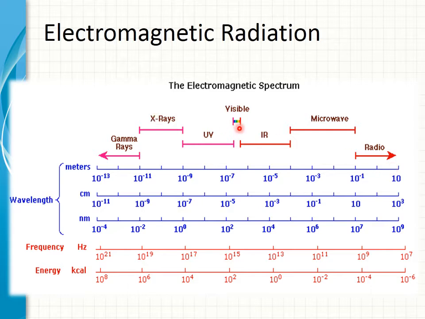And here, this is the visible spectrum. All of these different colors which we see fall into this small region of the wavelength. The rest of the other wavelengths of light are invisible to us.